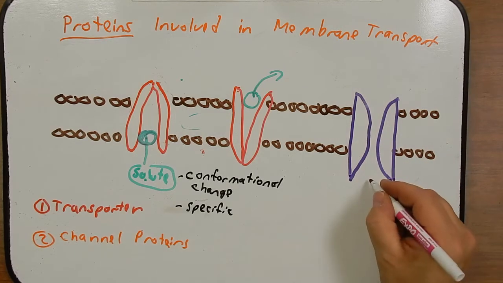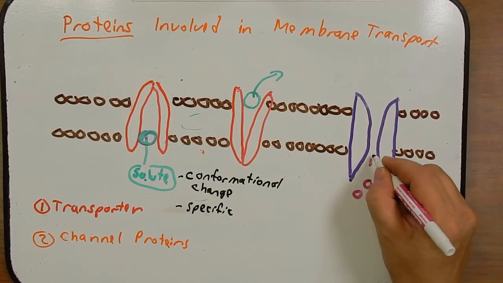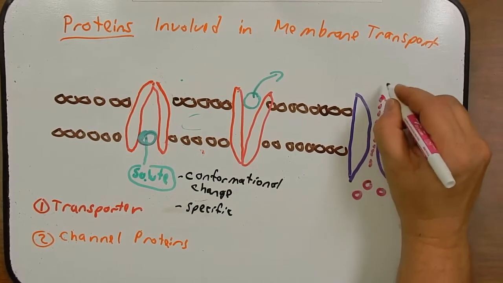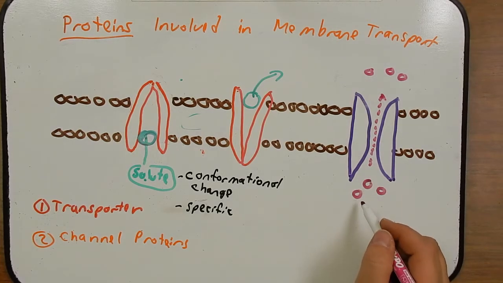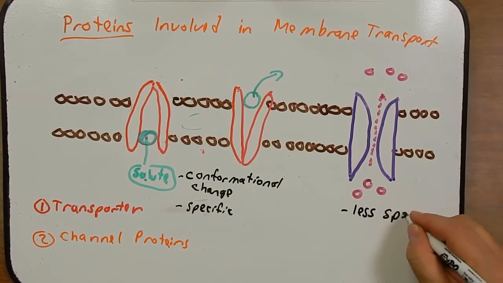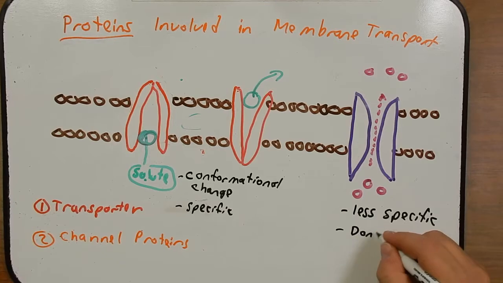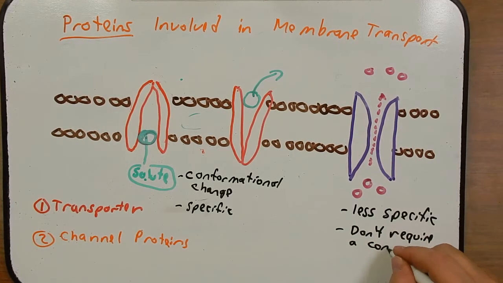Using channel proteins, certain solutes can now freely pass between this channel. There is some specificity, but in general, these channel proteins are less specific and don't require a conformational change.